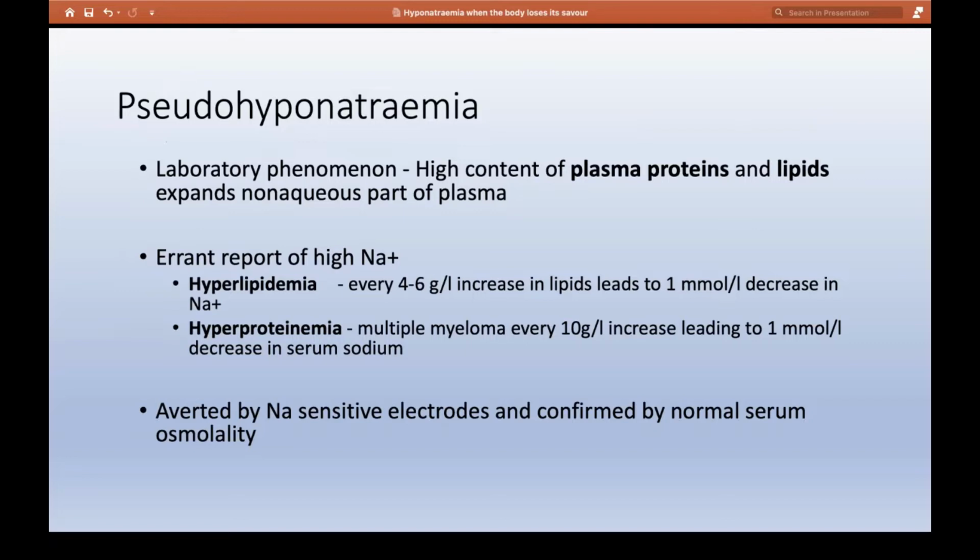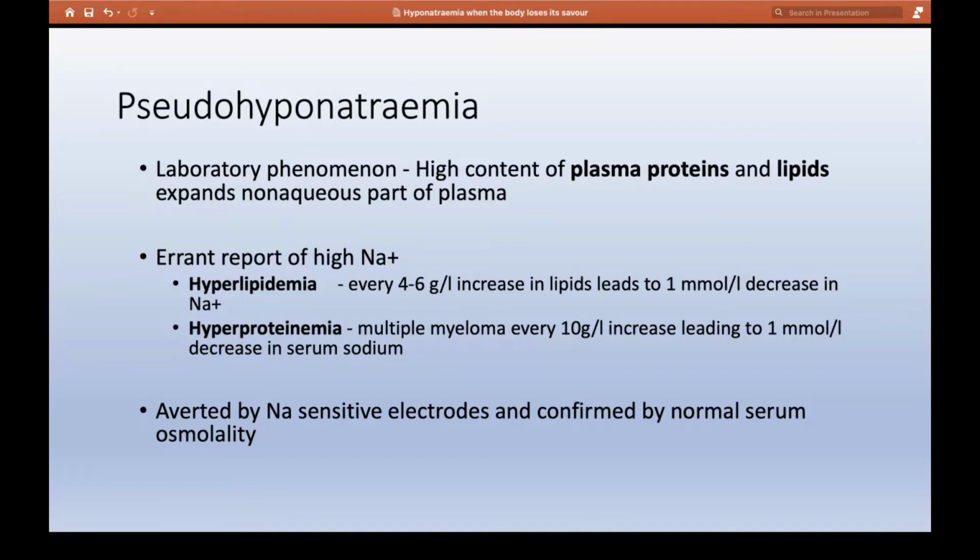If the proteinaceous or colloid part of the plasma is enlarged because of high plasma proteins or high lipids, the plasma can expand in the absence of normal amounts of water. So how do you get a high content of colloid constituents in plasma? This can happen if there is a very, very high triglyceride level in the lipid profile. Or it could happen when there is hyperproteinemia.